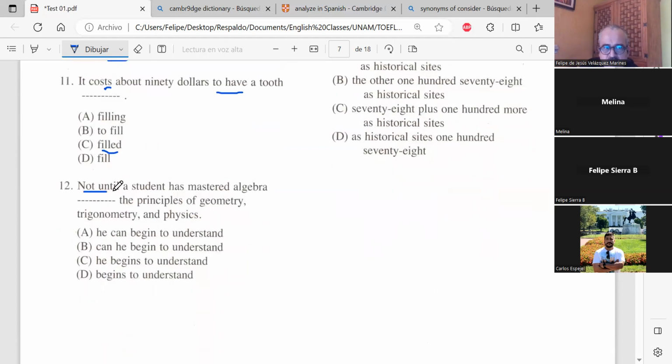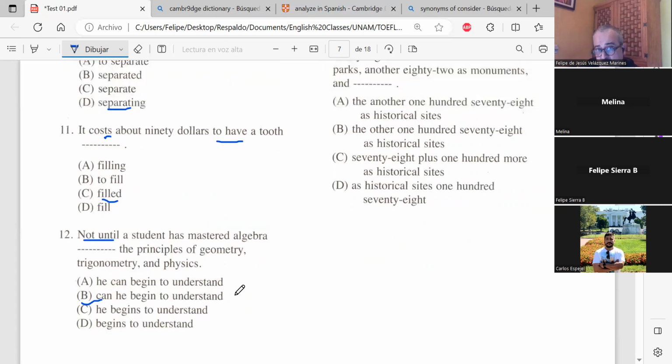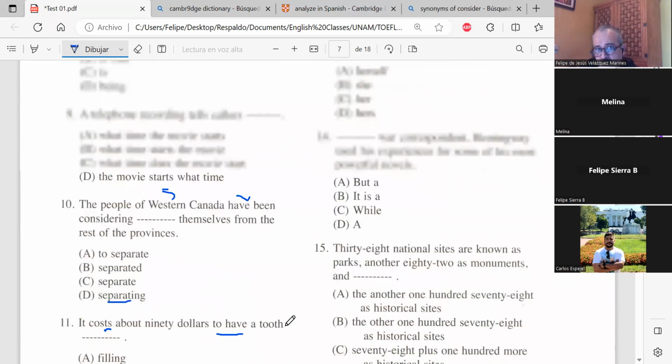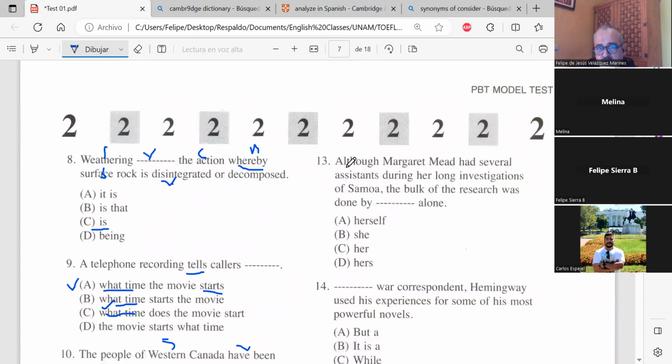When we begin a sentence, I'm going to go faster, just to. When we begin a sentence with a negative, we have to use the structure of a question: auxiliary, subject, verb. This is the answer. I didn't read it, I just understood the structure. Although is a marker, this is the subject, this is the verb. Then with a comma, I indicate the subject, verb, complement of the other. I read it and I don't find a mistake.